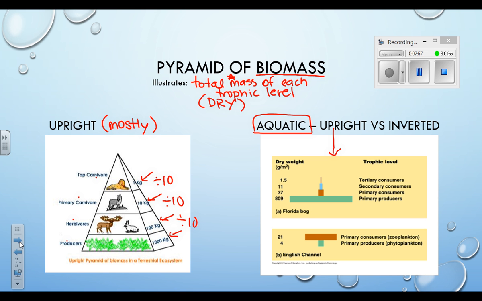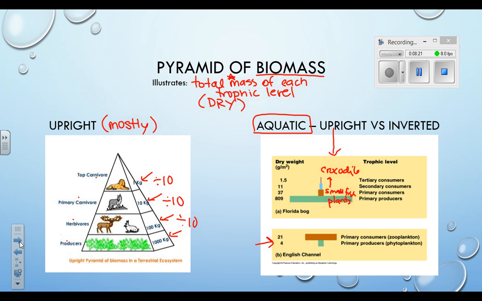We could say that the producers are plants. The primary consumers are, say, small fish. And if we go up, we might even get something like a crocodile as our tertiary consumer. So not all aquatic food chains would be inverted, but there's a pretty specific example of one that would.